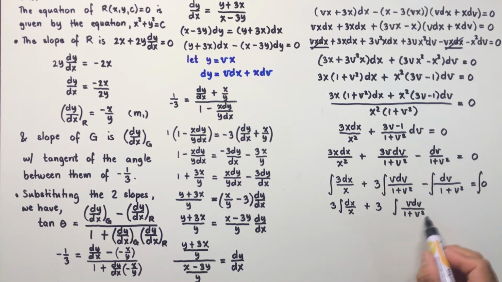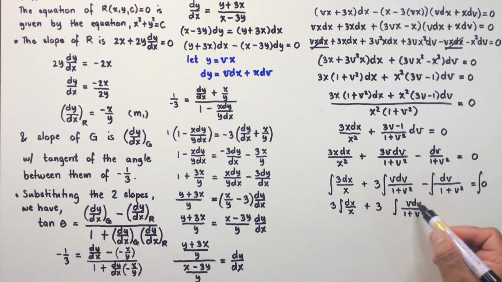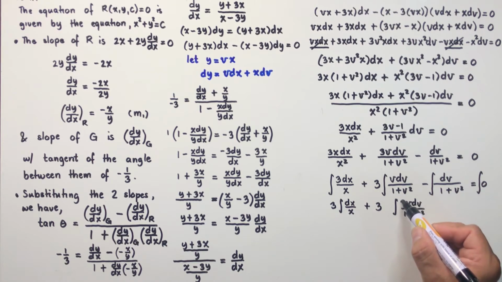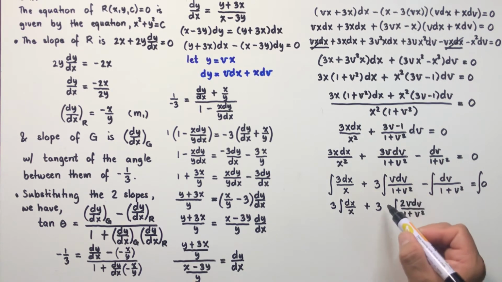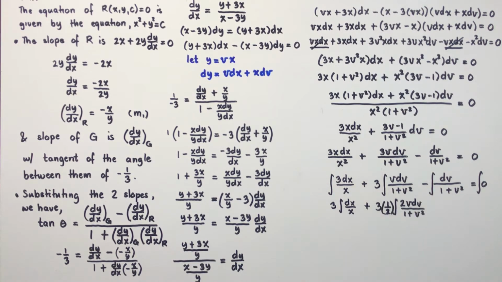But if we let this denominator as our u, du must be 2v dv. So we need to add here a factor of 2. But to balance, we need to multiply here outside the integral symbol by 1/2, so that 1/2 times 2 is just 1, as if we have done nothing to this term. So this is also the integral of dv over the sum of 2 squares, because 1 is just 1 squared. And this is equal to the integral of 0.